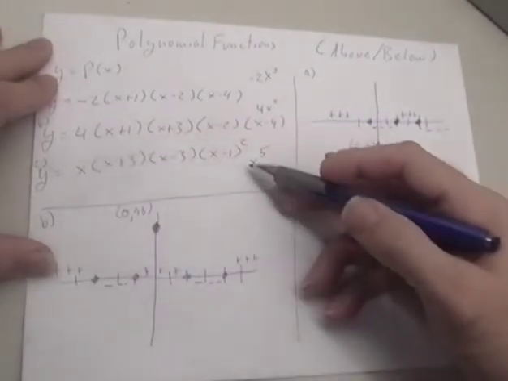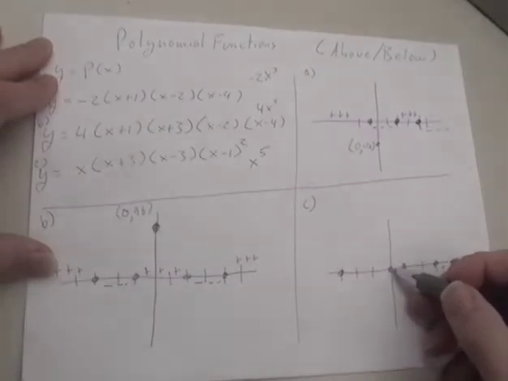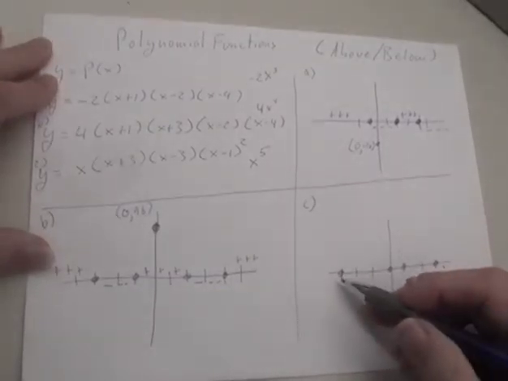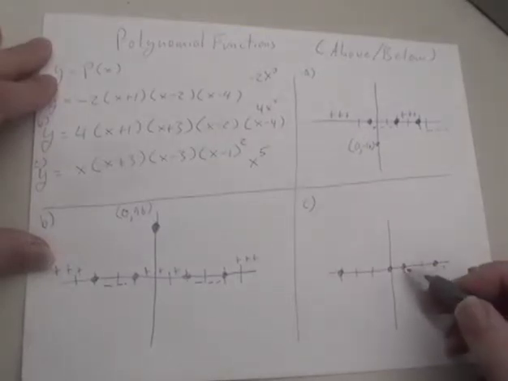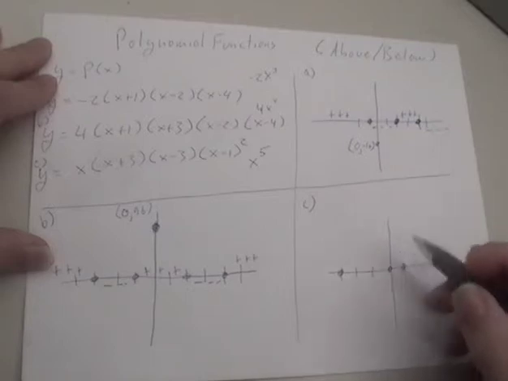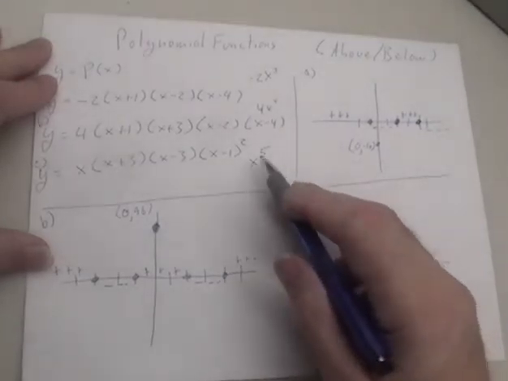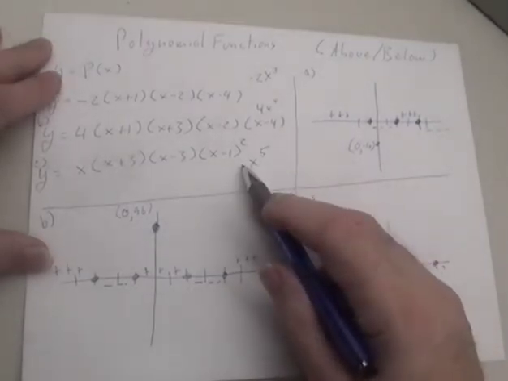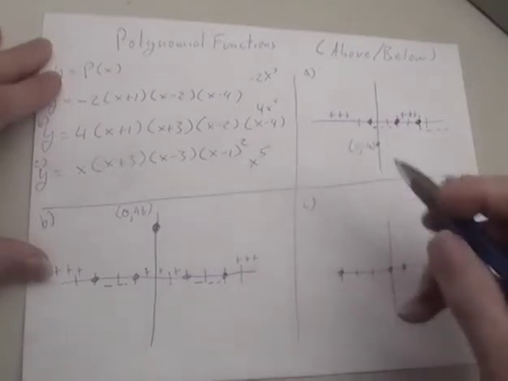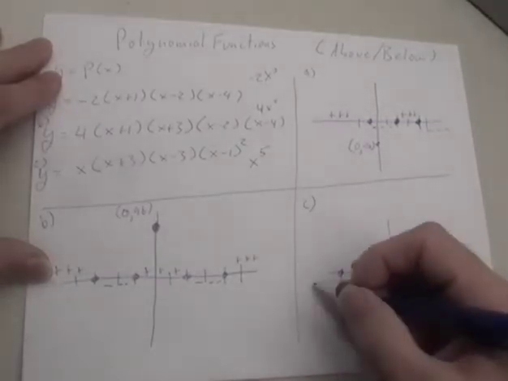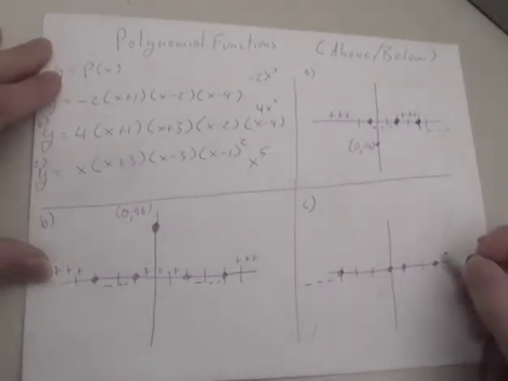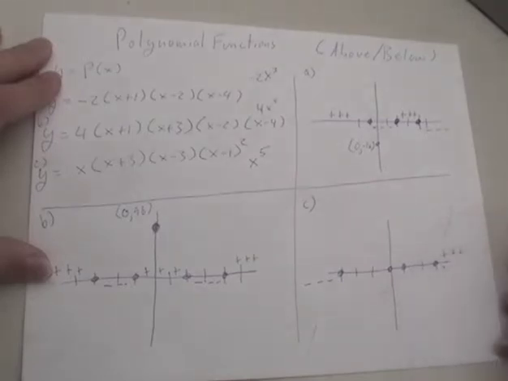So this polynomial function will go through the origin. It also goes through -3, 0, positive 3, 0, and 1, 0. Fifth order, the lead coefficient you should think of as a positive 1. So I expect this to start low and end high. So start negative and end positive.